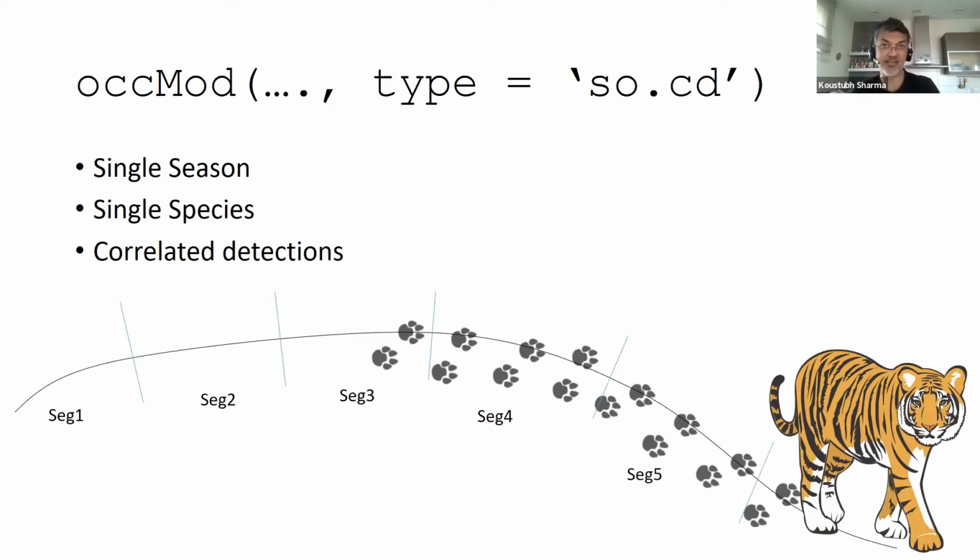But in case of tigers or leopards, if you are surveying on roads or tracks that animals use, which are a very good means to detect a species' presence, there is a likelihood that if you see a tiger on this third segment, there's a very good chance that you will see the tiger's sign on segment 4, and if you see it on segment 4, there is a fairly good chance that you'll see it on segment 5 and so on. Similarly, if you don't see a tiger on segment 1, there's very little chance that you will see a tiger in segment 2 and so on.